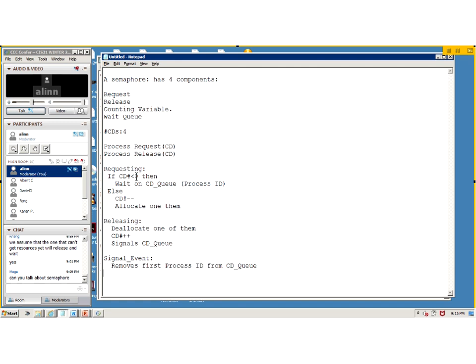Because remember, it could keep decrementing this number here. But it looks like I'm not really doing this here. If it's less than 0, I don't decrement. I guess you could.